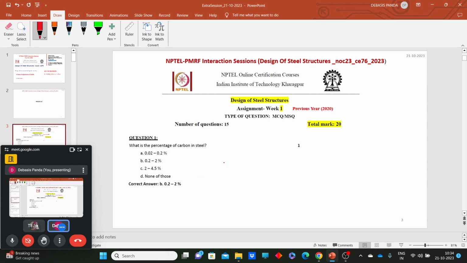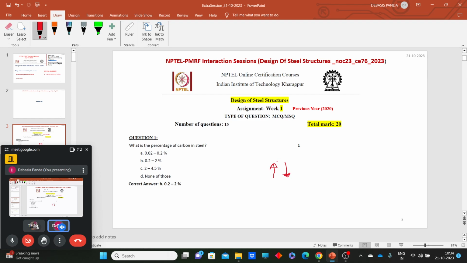Generally, what happens on incorporating carbon content into the steel? If we increase the carbon content, the strength of the steel will increase, but at the same time, the ductile property of the steel will decrease. So we need to maintain some level of carbon content so that the desired strength and ductility can both be achieved at the same time.